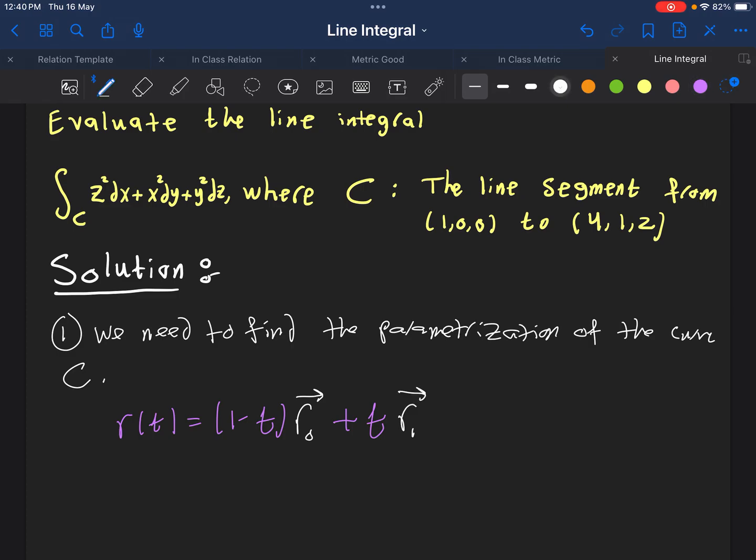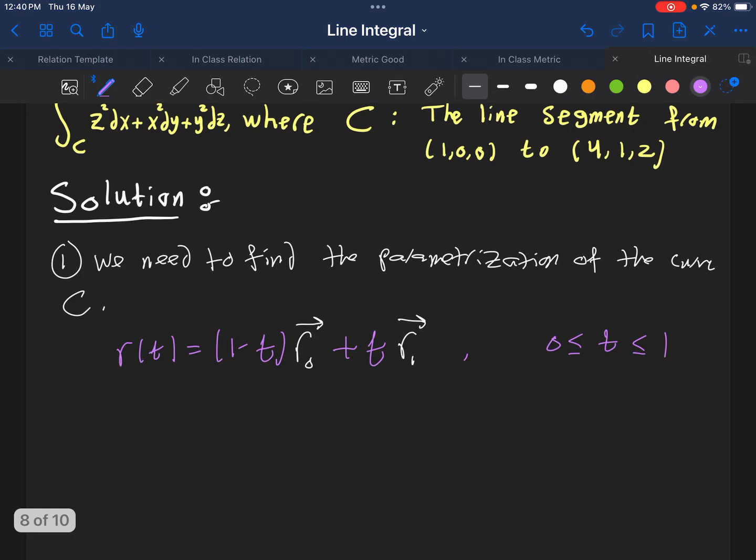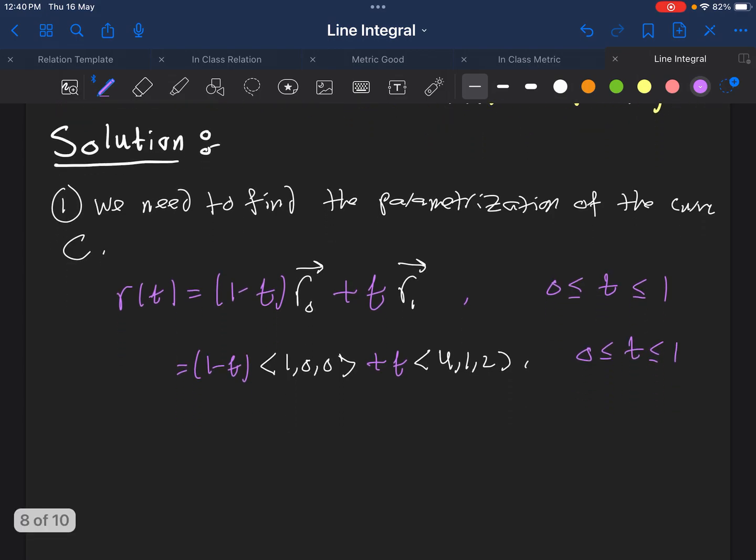So we're assuming the line segment goes from the vector r0 to the vector r1, and remember t will be between 0 and 1, and that's information that also needs to be there. So this will be 1 minus t times the vector representing the first point, which is 1, 0, 0, plus t times the vector representing the second point, which is 4, 1, 2, with t between 0 and 1.